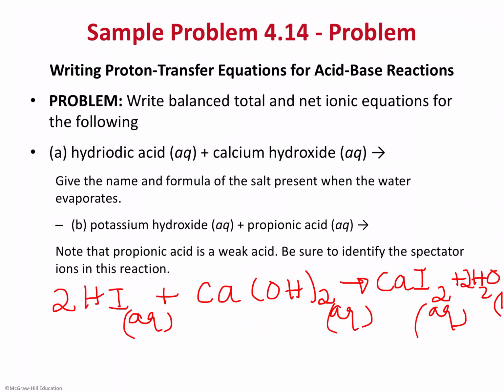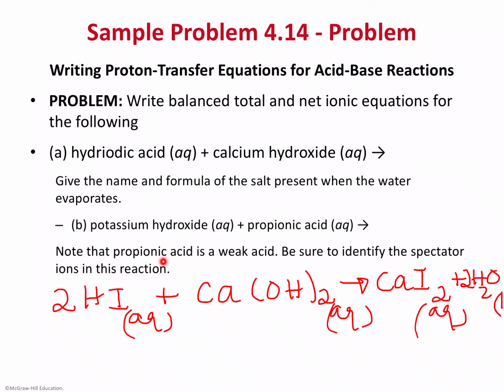Now the next one, potassium hydroxide and propionic acid. Here the propionic acid is a weak acid. How do you know it's a weak acid? You may not know the structure of propionic acid, but one thing for sure is that this is not one of the strong acids.